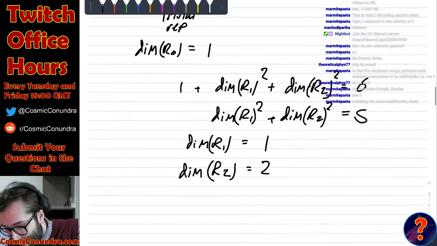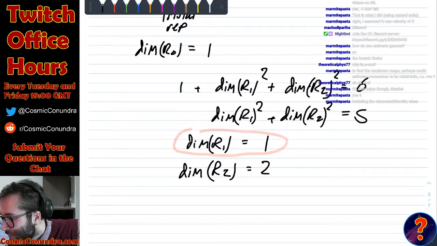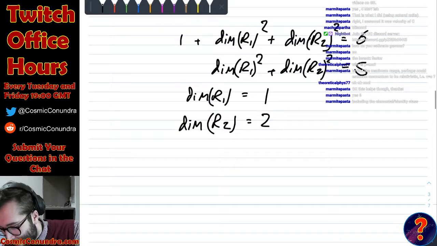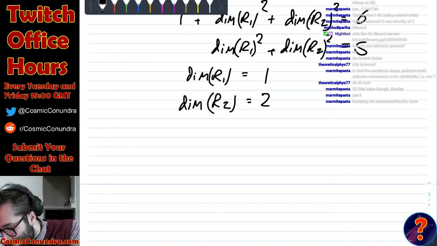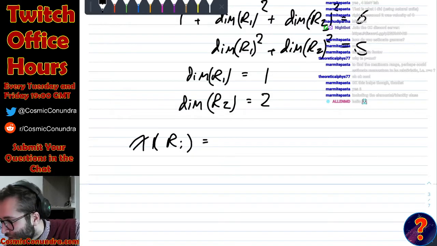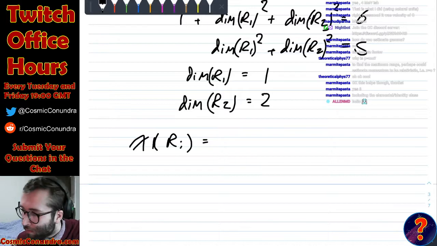So if the representation is 1-dimensional, thinking about the characters, the character of a particular representation Ri is the trace of the representation matrices, or whatever they are.